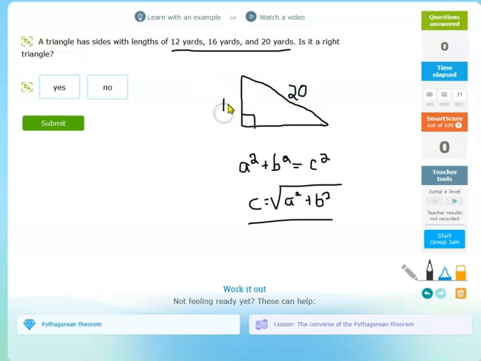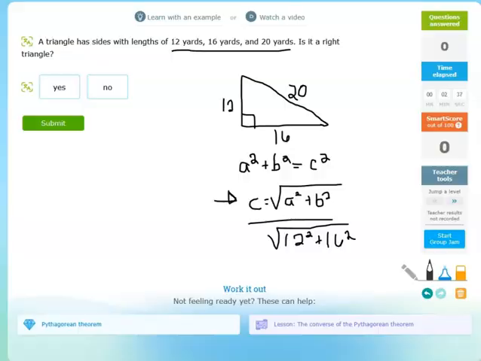So we'll put the 20 there, the 12 here, and the 16 here. If this is in fact a right triangle, then this relationship must hold true. In other words, if we take the square root of 12 squared plus 16 squared, we better get 20 as an answer. And if we don't, then we're going to say that it's not a right triangle.